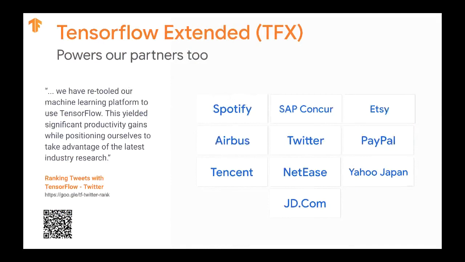And also Twitter, which is an interesting case because Twitter actually came from a Torch-based environment. They'd made a big investment in Torch, and they went out a couple of years ago and evaluated their options going forward and ended up choosing TensorFlow largely because of the TensorFlow ecosystem and TFX.